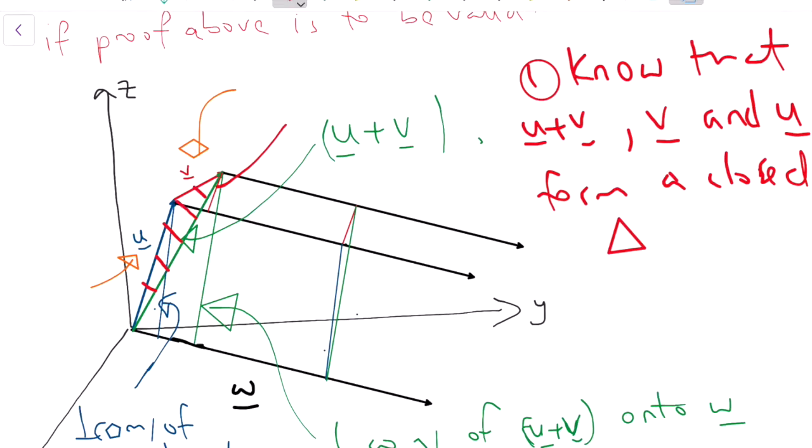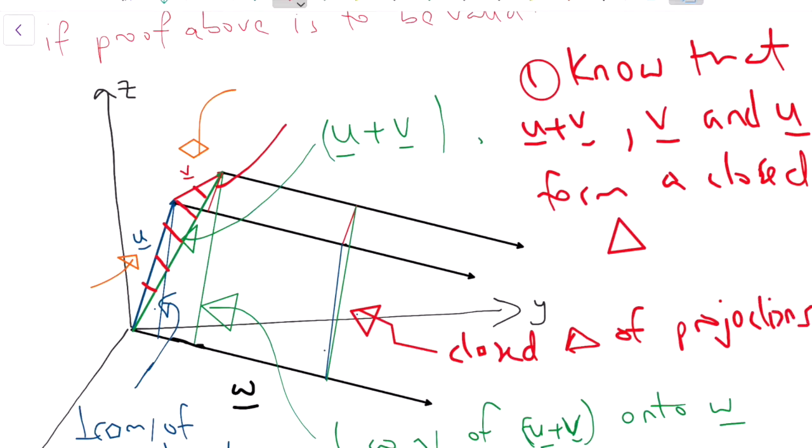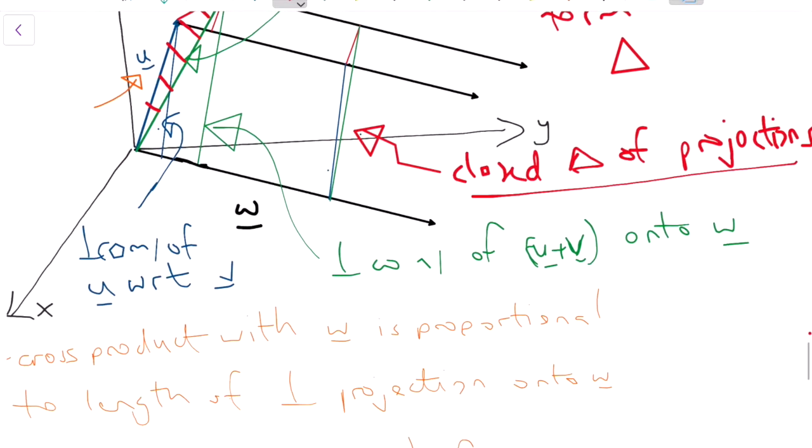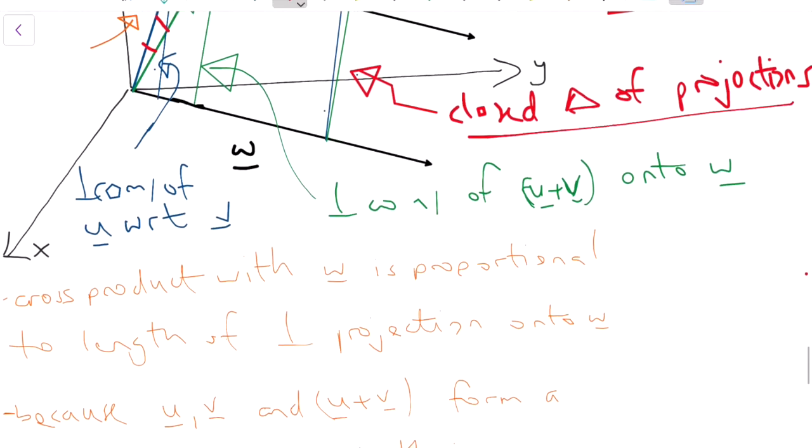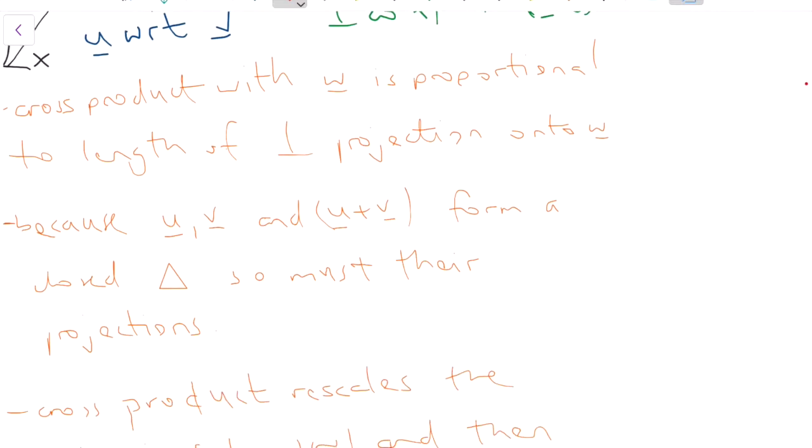Because we form a closed triangle, their projections also form a closed triangle, and this is shown by this closed triangle over here. So this is the closed triangle of projections. But now you have to imagine what the cross product does to this projection. Well, I keep saying projection, but it's the perpendicular component. So u, v, and u plus v form a closed triangle, so their projections must also form a closed triangle.